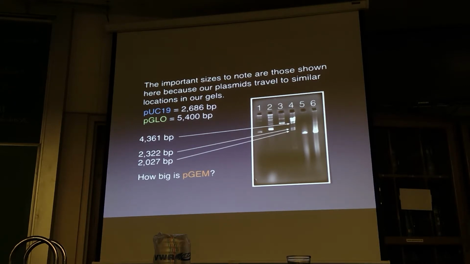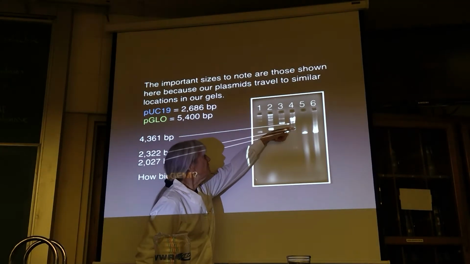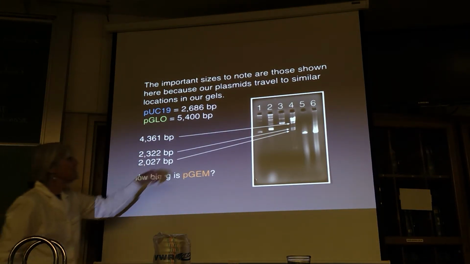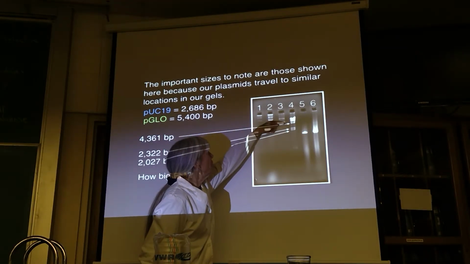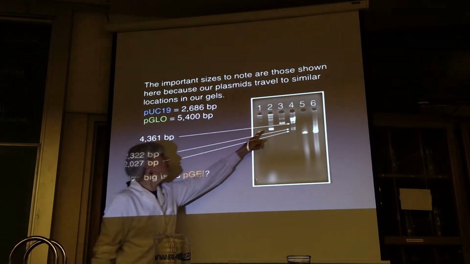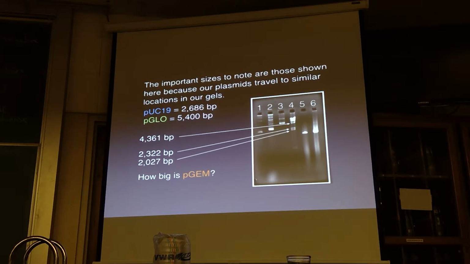In this sample, pUC19 is here. It's lining up with this doublet pair, which it tends to do. And pGLO is here, lining up with the 4,000 base pair band, which it seems to do. So pGEM is here. How big is it, do you think? Somewhere in between the size of the other 2 plasmids, right? The pUC19 is 2,600. So almost 2,700, but anyway.